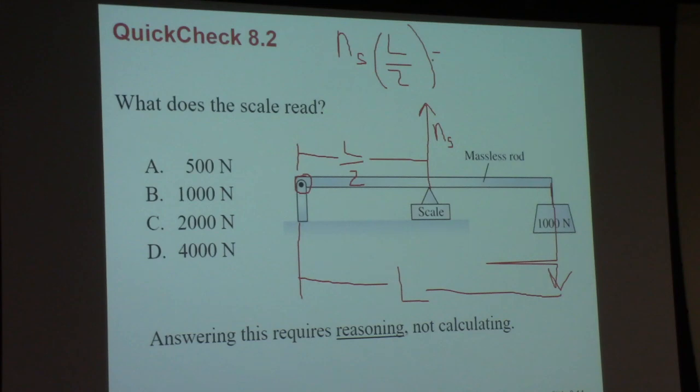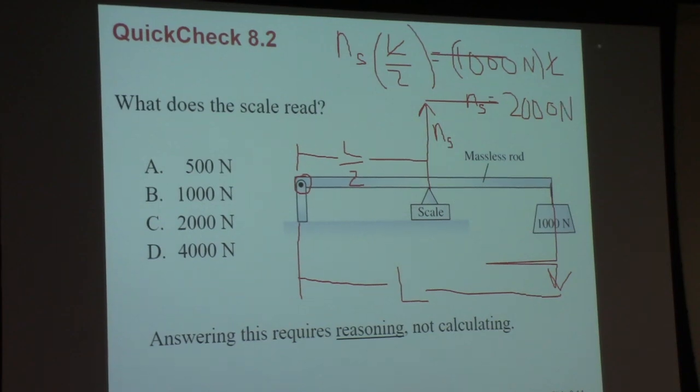This is equal to the torque from the weight, so 1,000 newtons, and then the distance from the pivot point to the 1,000 newtons is L. So the L's cancel out. So normal from the scale then, you multiply both sides by 2, that's how you get 2,000 newtons. Sorry, the computer is putting those lines in on its own. Okay, good. So normal scale is 2,000 for that reason.